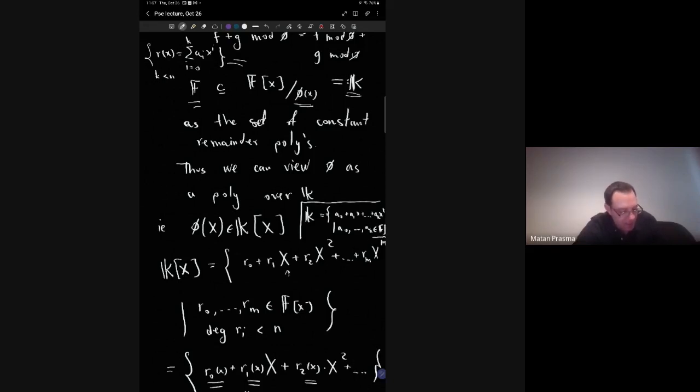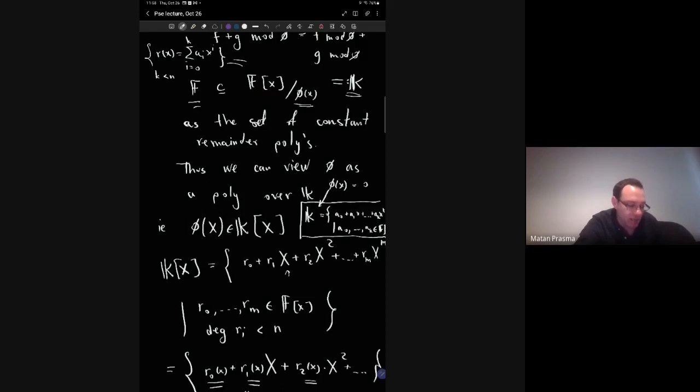And in this new field K, we can look at the polynomial x, and x suddenly is a root of phi over this field K. But if you look at it, this construction is the minimal thing that you could have done if you wanted a field that contains F and contains x, because once it contains F, it contains all the constant remainder polynomials.